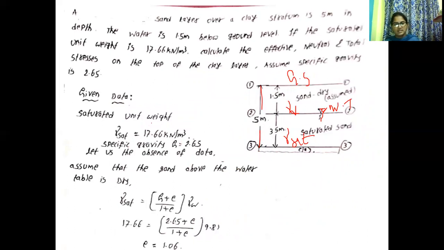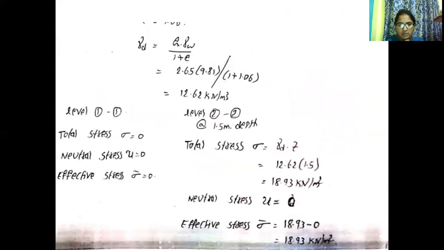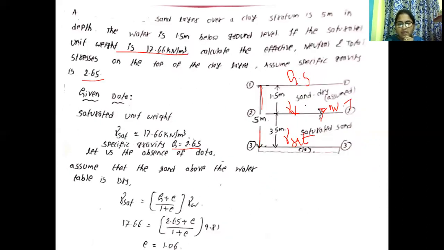So gamma sat is equal to 17.66 kilonewton per meter cube, already given in the problem, and specific gravity G is equal to 2.65. Assume that the sand above the water is dry. Here you don't know the gamma D value; only the gamma sat value is given.